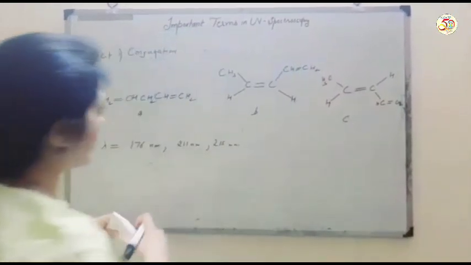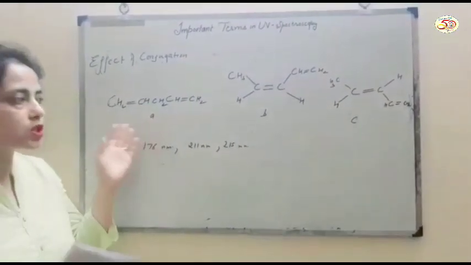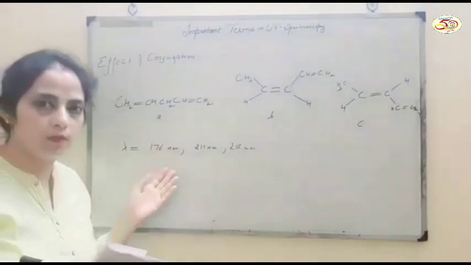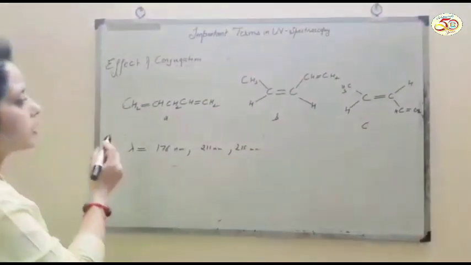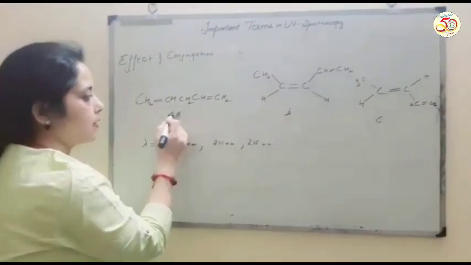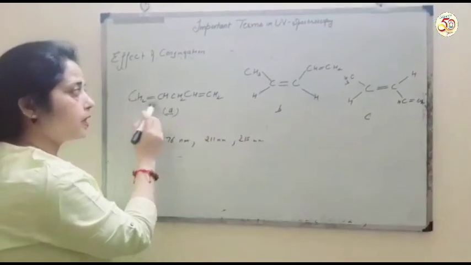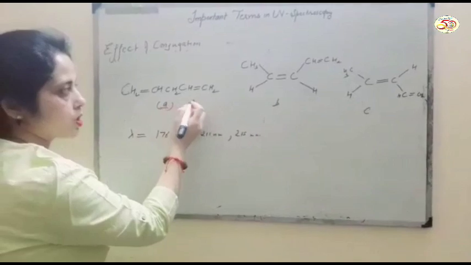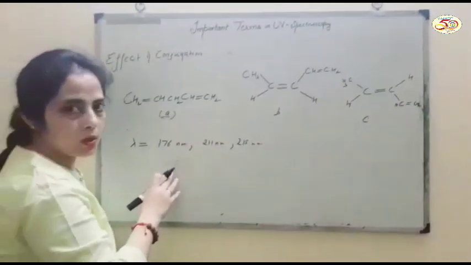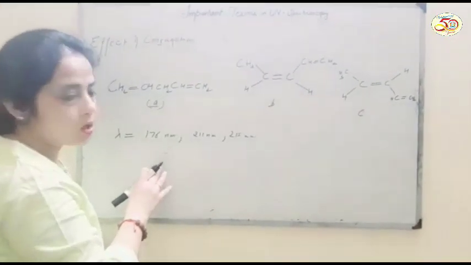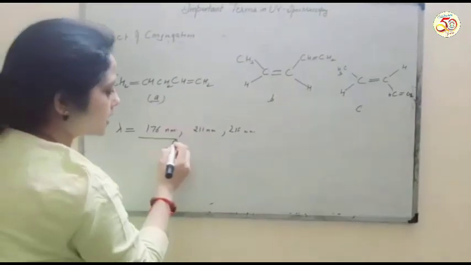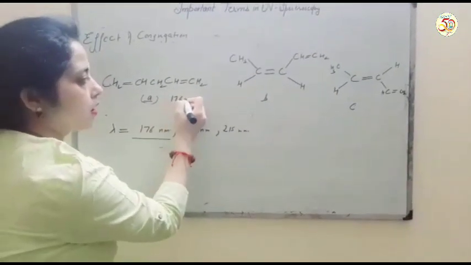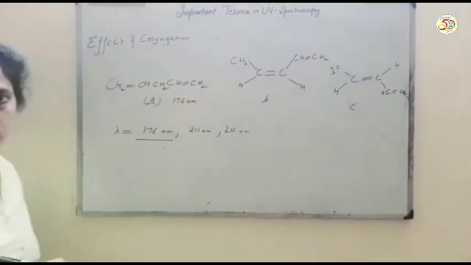Now we have to identify these three compounds, which compound will absorb at which wavelength. As we can see in example A, there is no conjugation. As there is no conjugation, there will be no delocalization of electrons, so it will absorb at the least wavelength.